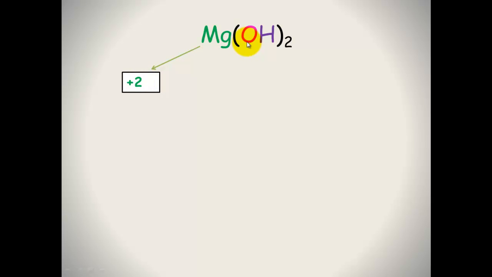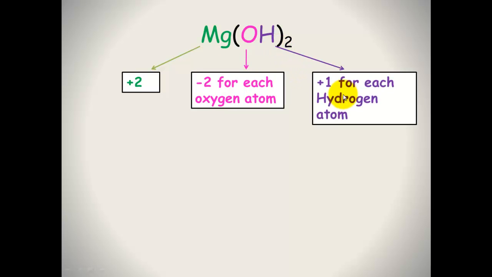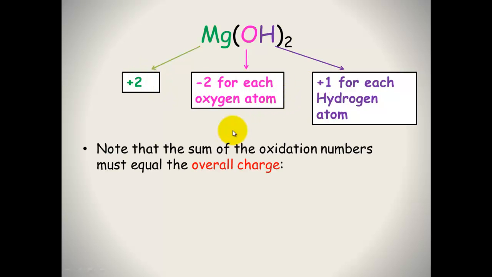Oxygen always has a -2, and hydrogen always has a +1. Now remember what we just said before, it's a neutral compound, so it has an overall charge of 0. Thus, these oxidation numbers need to add up to 0, and this is how that works.